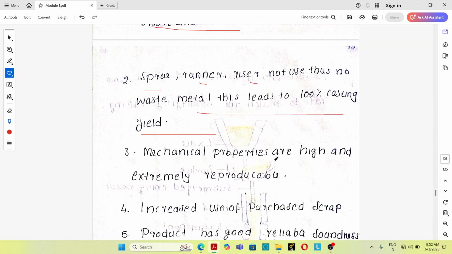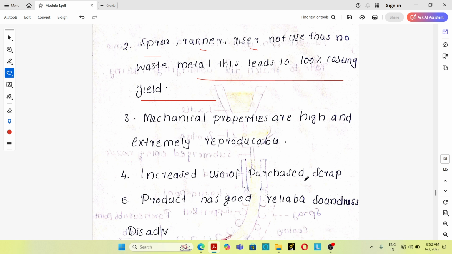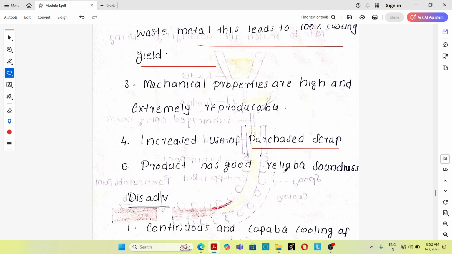Mechanical properties are high and extremely reproducible. Increased use of purchased scrap. Purchased scrap means that for continuous casting, commonly reusable scrap is used, and it will be melted in an electric arc furnace. Product has good reliability and soundness.